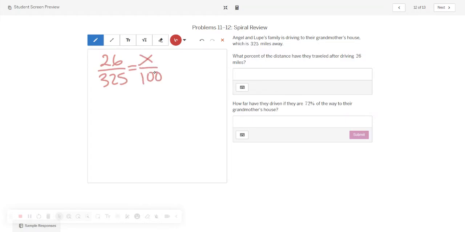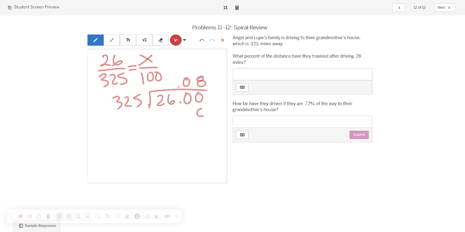And so the part is over the whole, x over 100. And so I had to do 26 divided by 325. And then I said, well, 325 doesn't go into 26, so I put a decimal. I added a 0. Still doesn't go in there, so I added another 0. And then it goes in there 8 times.